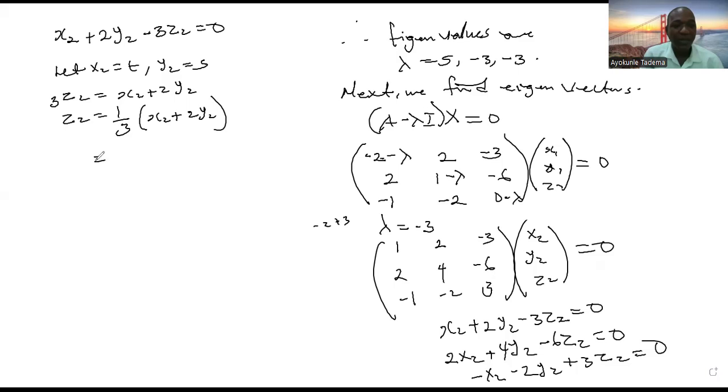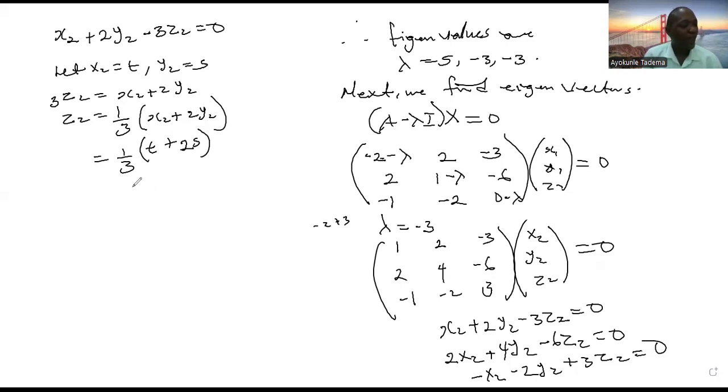And from here you have 1 over 3 into x2, which is t, plus 2y2. Y2 is x.